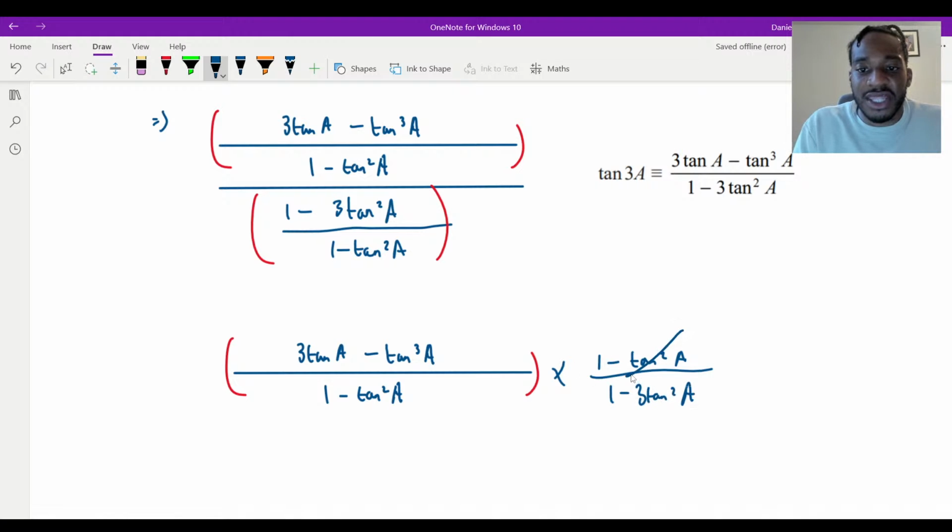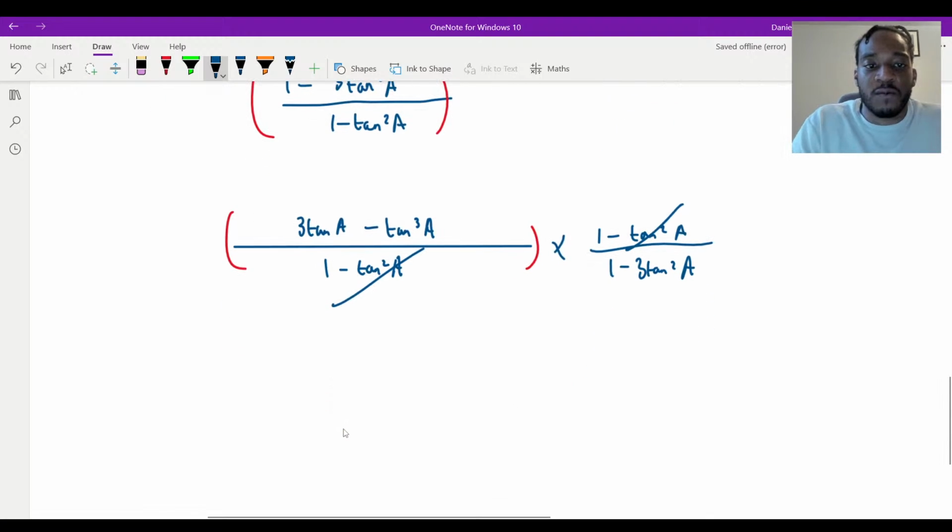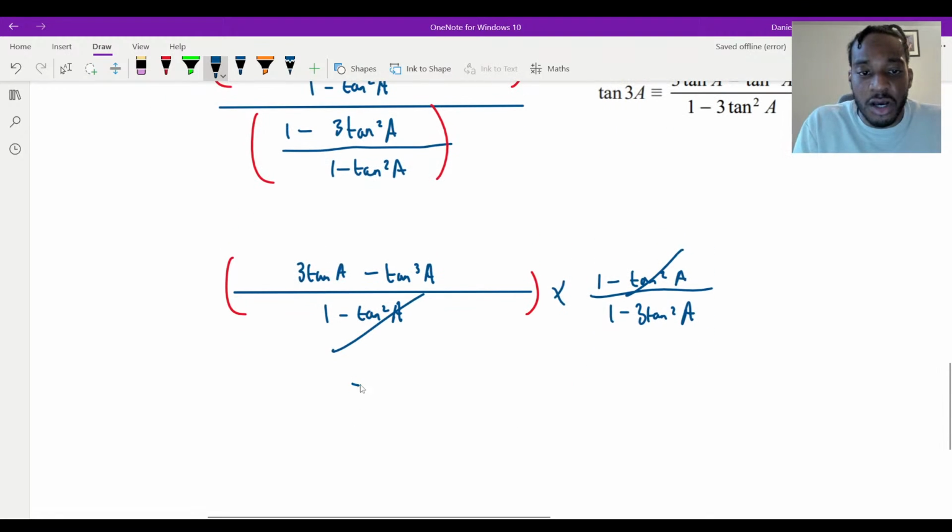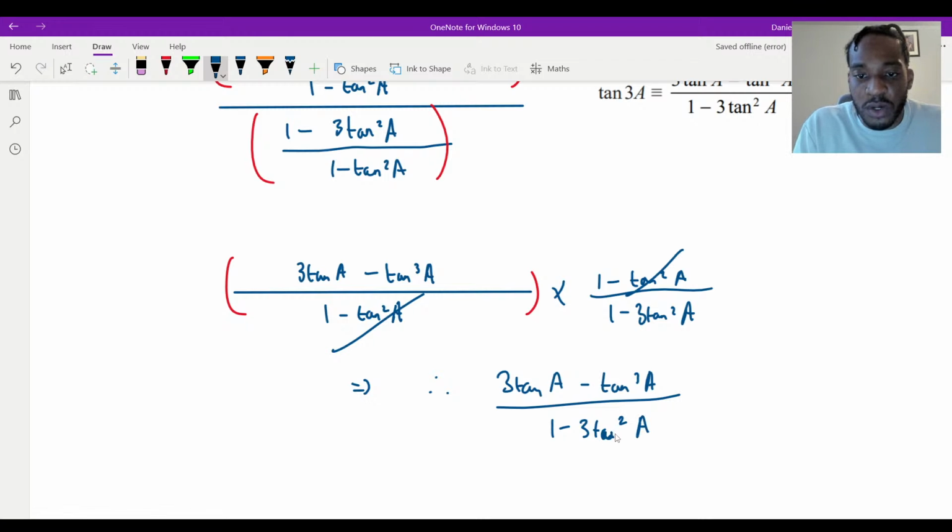And as you can see, that cancels with that, and you're just left with what exactly they asked us to show. So we could say that therefore we could get 3 tan a minus tan cubed a over 1 minus 3 tan squared a, like that. That's exactly what they wanted us to show.